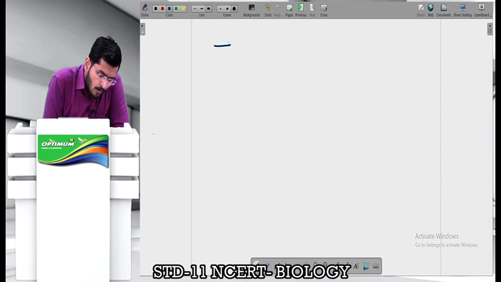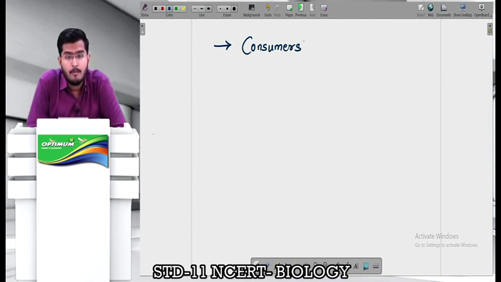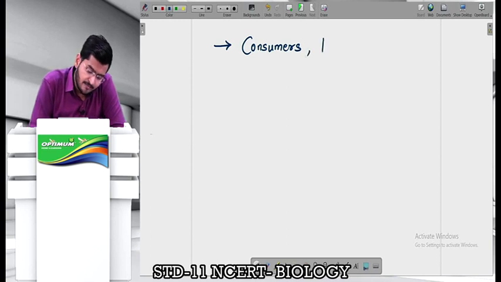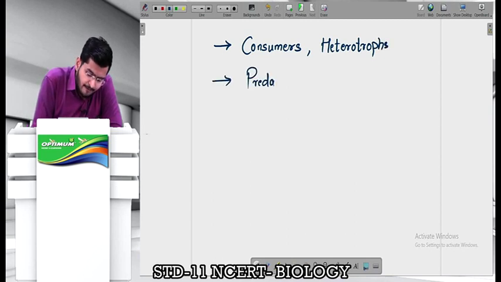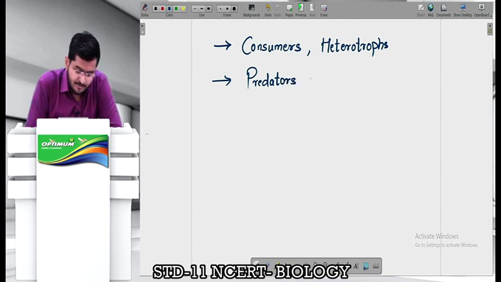Other than that, also we need to discuss that most of the organisms here are consumers. They are not autotrophic, they cannot synthesize their own food, so they depend on other organisms, which means that they are heterotrophs. Let me tell you that some of them can be predators, which means that they feed on another organism, which means they capture a prey and consume them up.